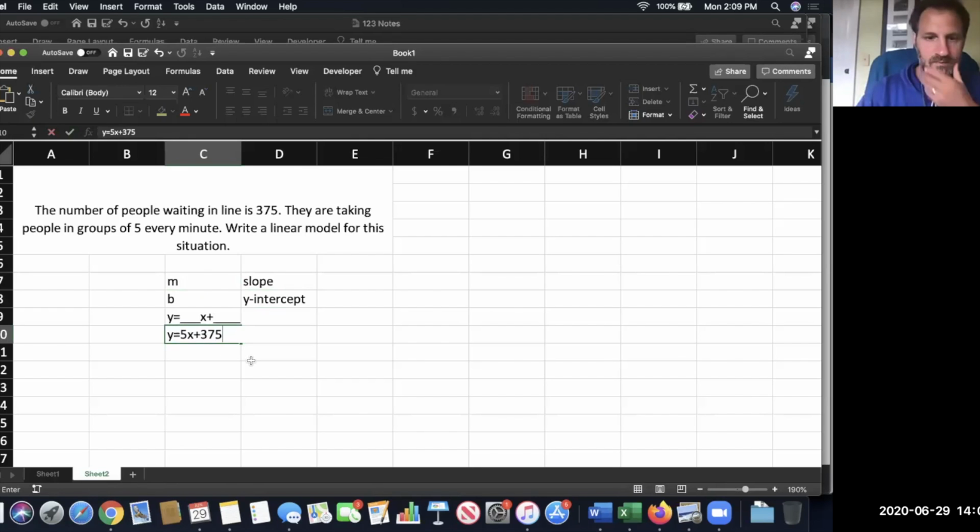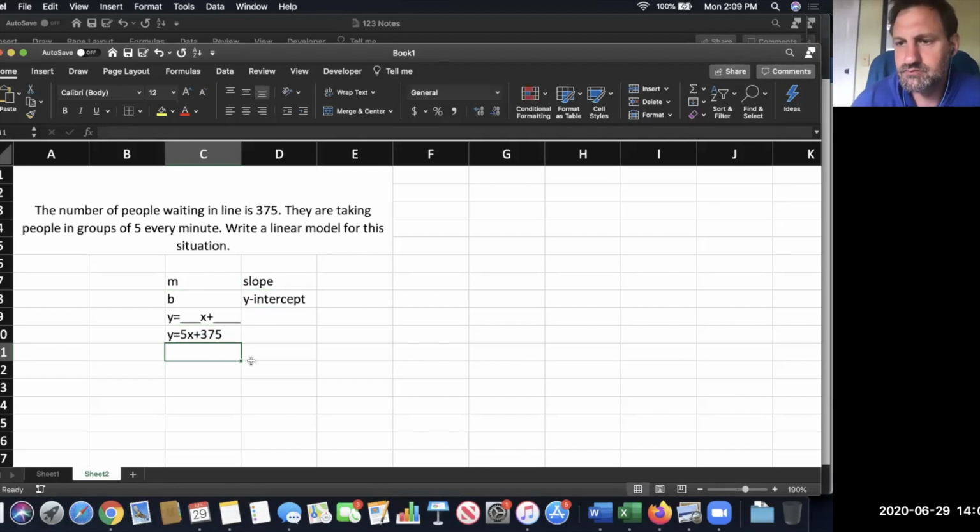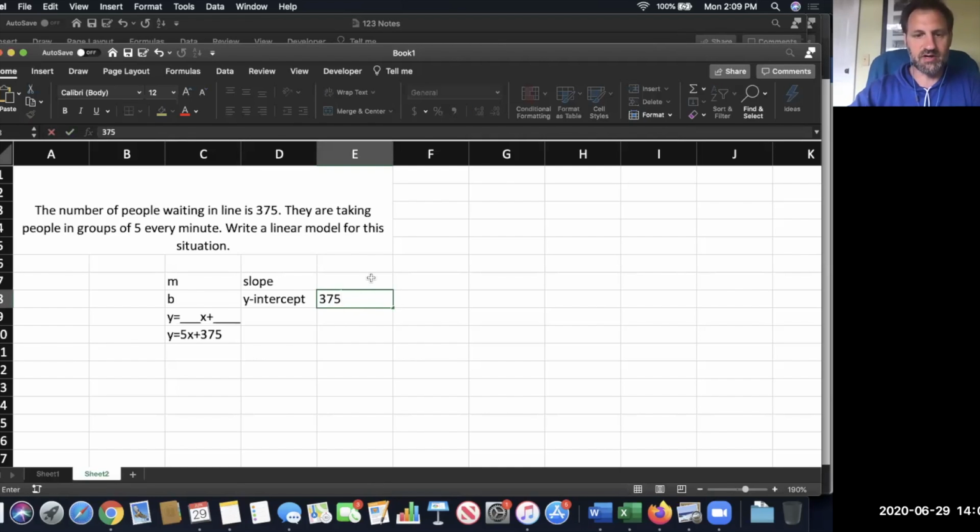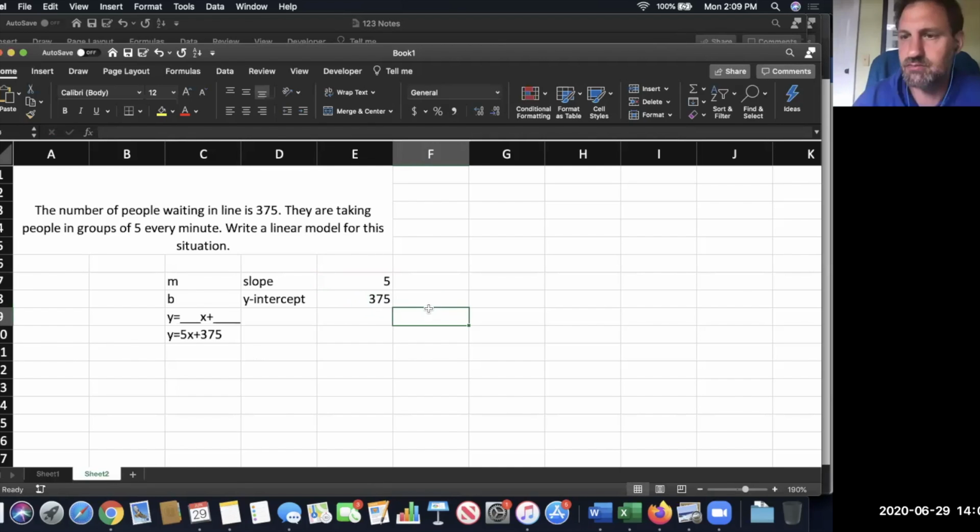Okay, what do you guys think? Agree, disagree? I agree. So first of all, we got the numbers into the right place, right? The 375 is about the starting point, and the 5 is about how it's changing, right? But there is a connection here back to what we talked about on Wednesday.